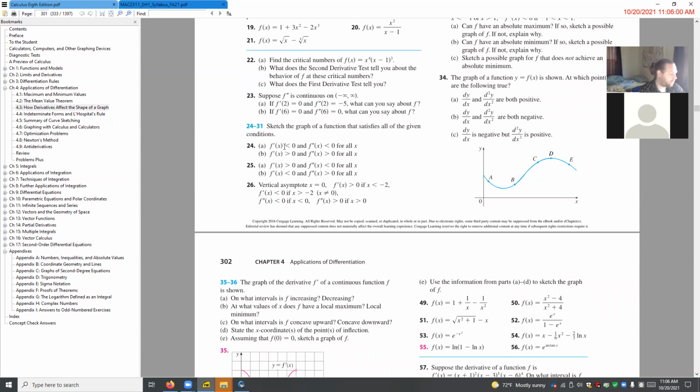F prime of x is less than 0, and f double prime of x is less than 0 for all x.